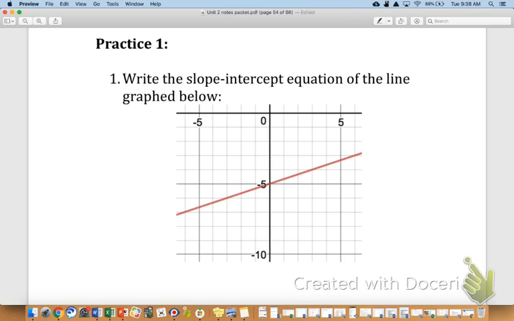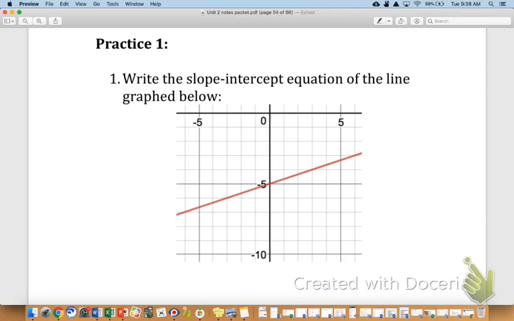So, if I take this point over here and this point right here, slope would be rise over run. What's the rise between this and that? What's the run?